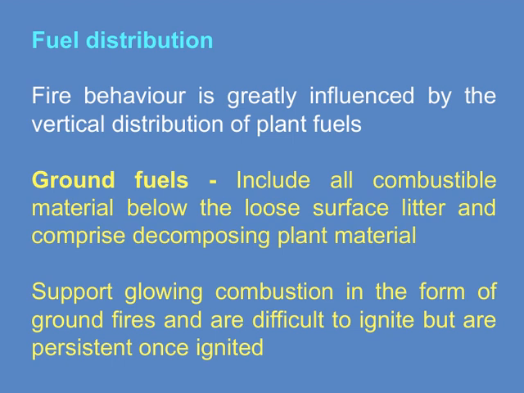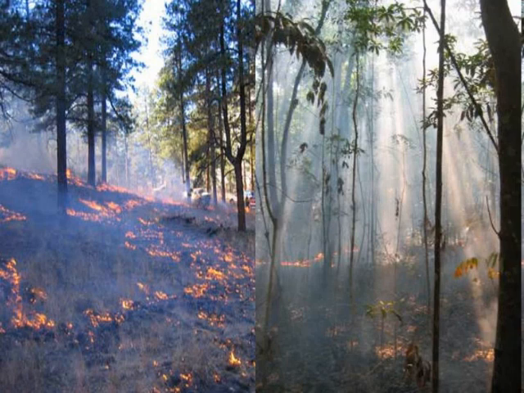Understanding this vertical distribution helps us predict fire behavior more accurately and develop better strategies for containment and suppression. It all ties back to the overall theme of how fuels influence fire dynamics and the importance of assessing fuel layers thoroughly.